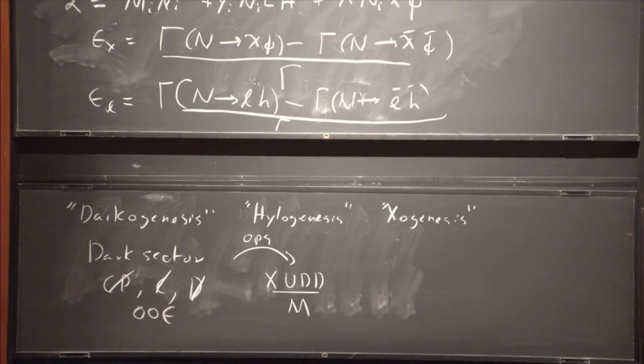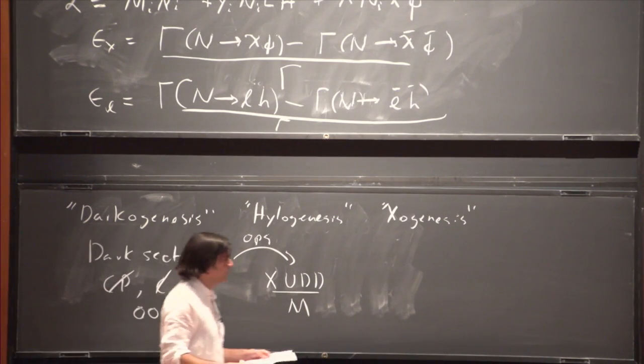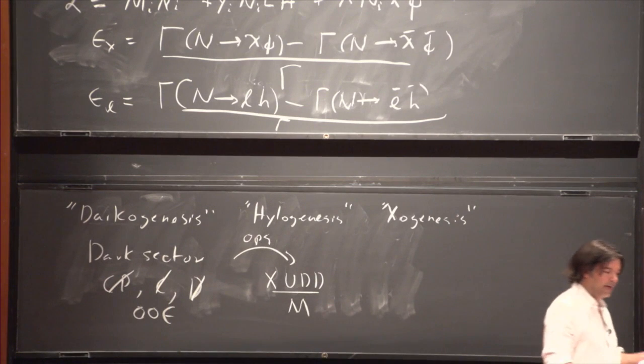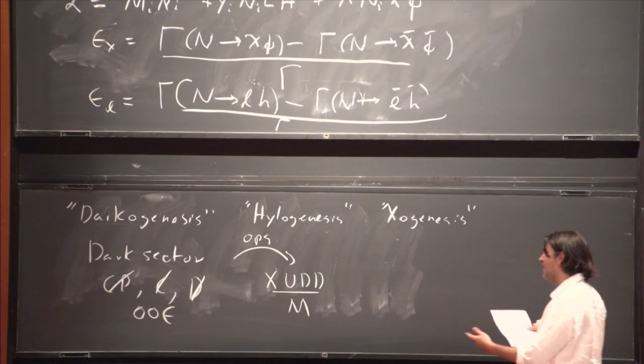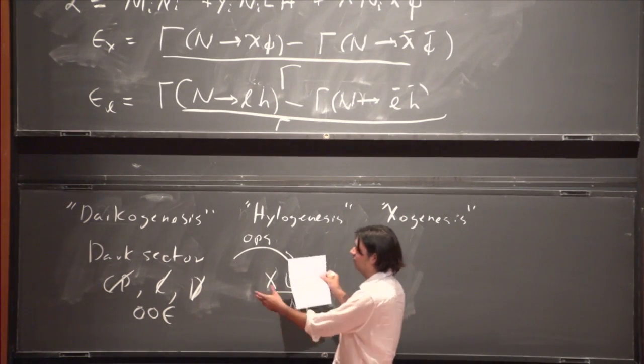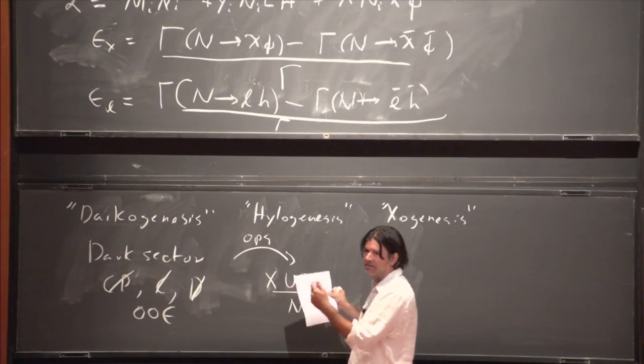These are very, very interesting models for a variety of reasons. One, because, as we said before, asymmetric models don't have the same annihilation signatures that symmetric models do. And also, this gives you a nice explanation for the origin of the baryon asymmetry.